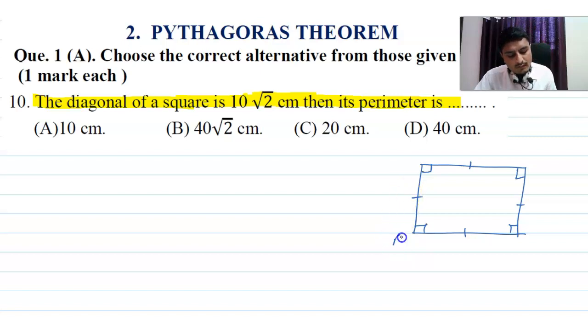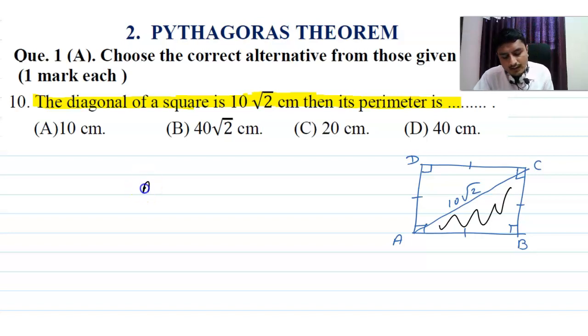Now let the name of the square be ABCD, and let us take any one diagonal. We take AC, whose length is 10 times root 2 centimeter. Now let's try to evaluate firstly the side of the square. Look at triangle ABC, which is a right angle triangle, so it should satisfy the Pythagoras theorem.